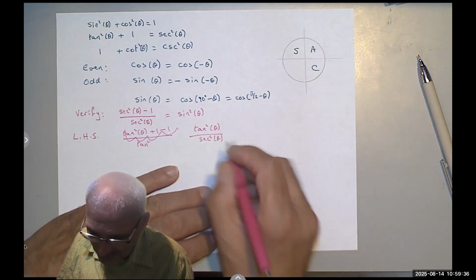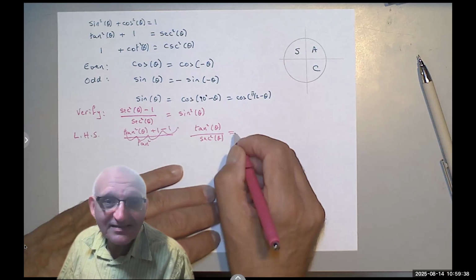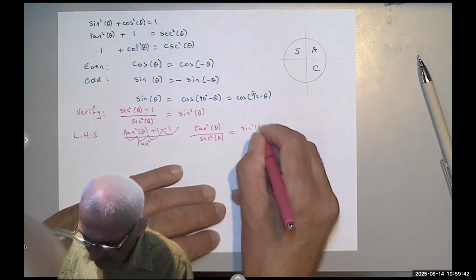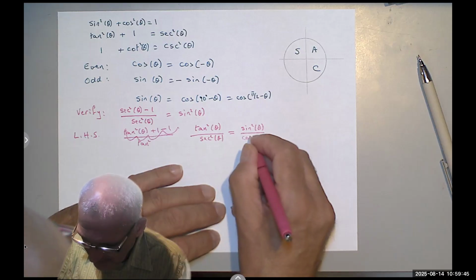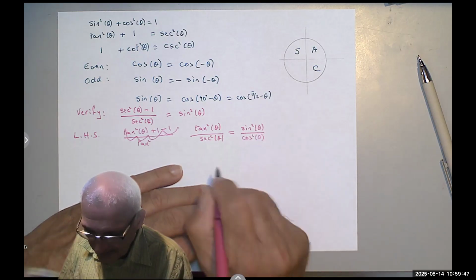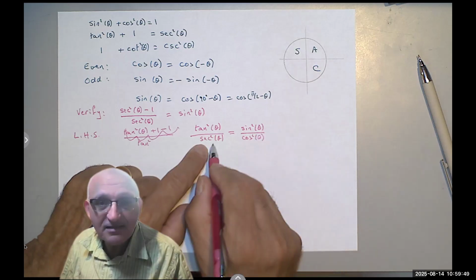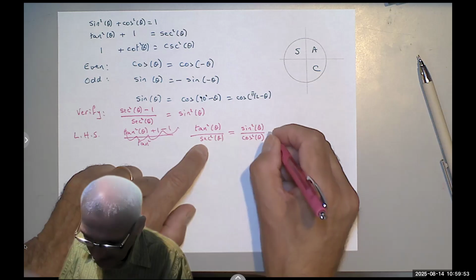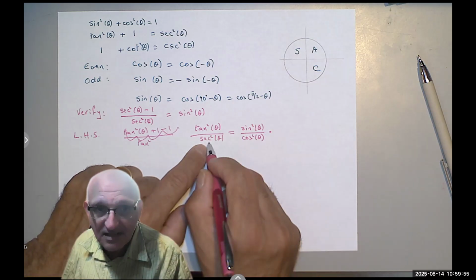Doesn't matter. So tan square, we know that tan is sine over cosine. So I can write it as sine square theta over cosine square theta. And then when you divide by something, you can multiply by its reciprocal. And the reciprocal of secant is cosine.